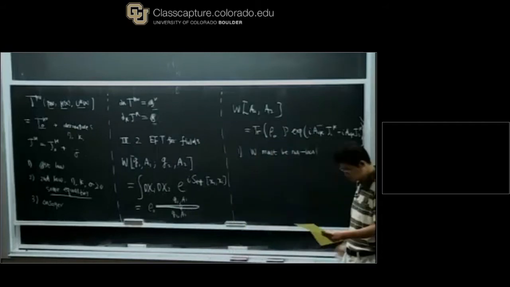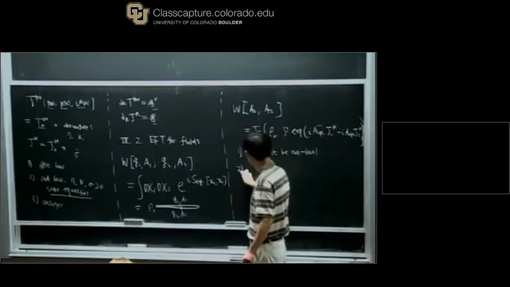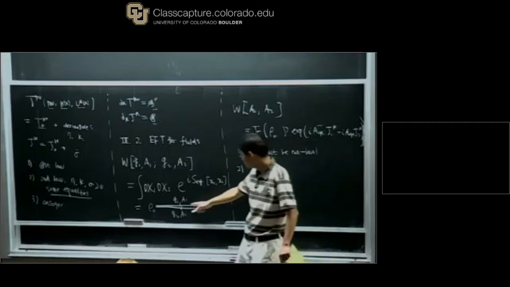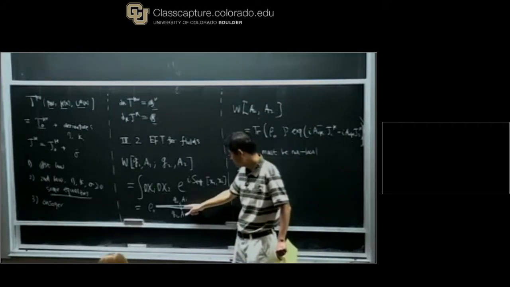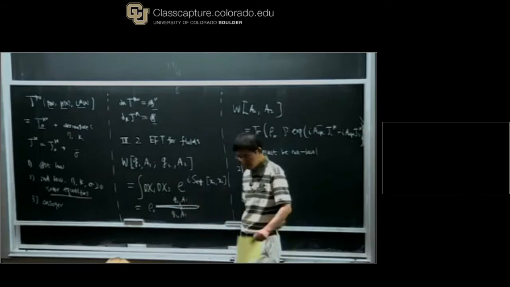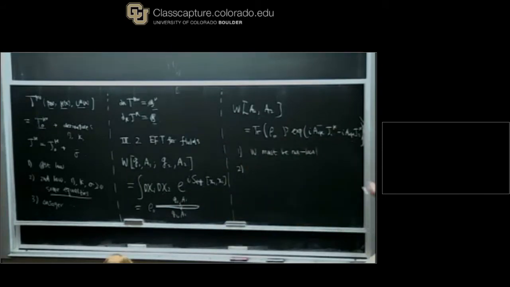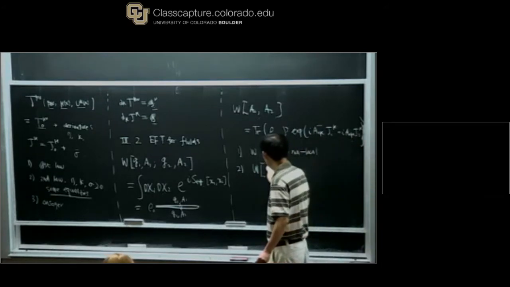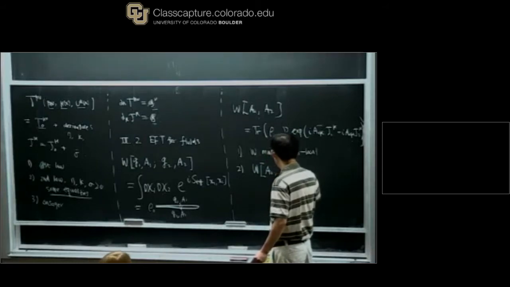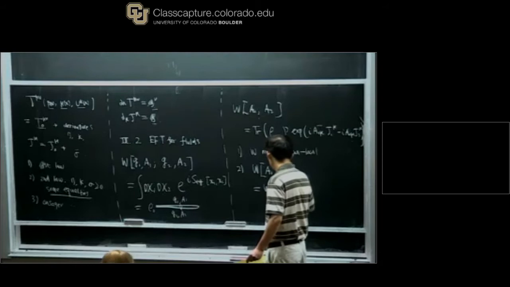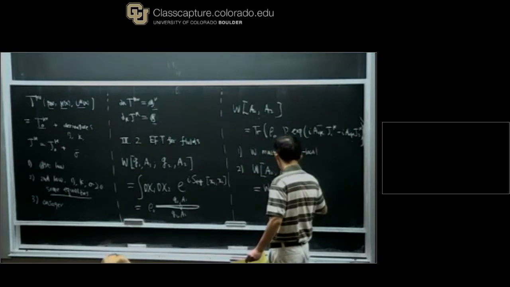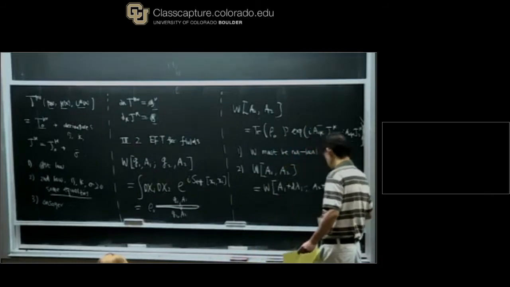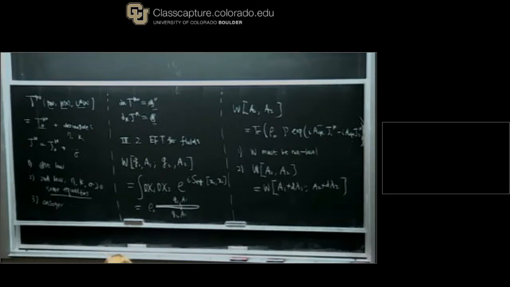Another comment: because these currents are conserved, we have two copies, and those currents are independently conserved along each copy. That means this generating functional should be invariant under independent gauge transformations of A: A1 plus dλ1, A2 plus dλ2, where λ1 and λ2 are arbitrary functions.